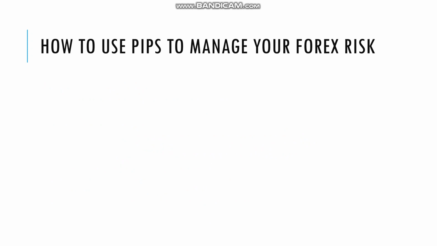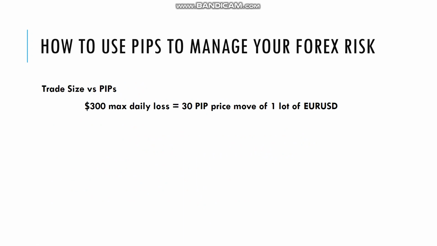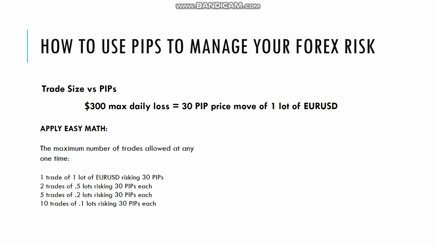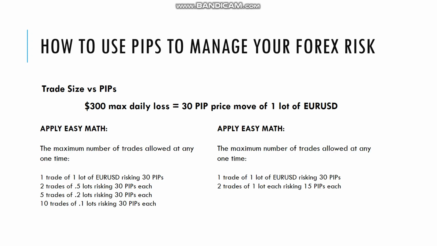Finally, let's take a look at how one can vary trade size versus pips. On the left table, we kept the pips number the same and changed the trade size. On the right-hand table, we kept the trade size the same, 1 lot, and then changed the pip value.